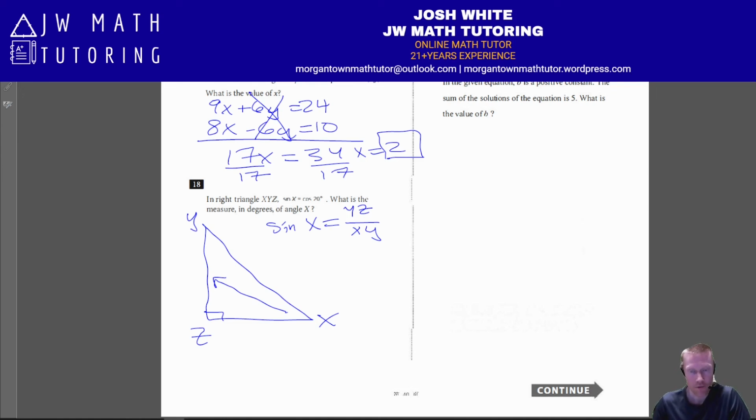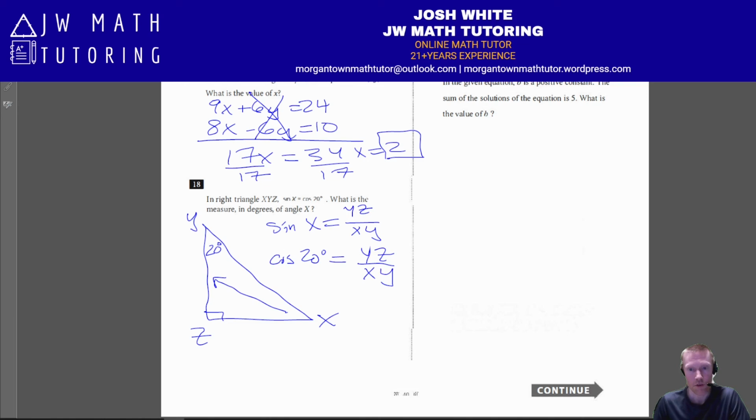Now, we also have an angle in this triangle that's 20 degrees, so it has to go here by default. It's not x and it's not the right angle, so the only place left is up here at y. And we know the cosine of the 20-degree angle is going to equal its adjacent side over the hypotenuse. So the adjacent side would be yz, and the hypotenuse is xy.